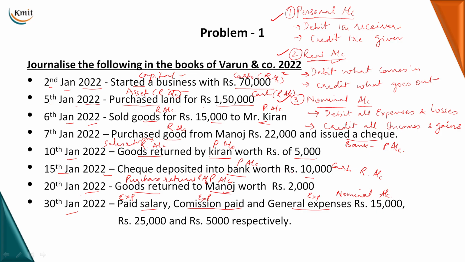So what is the rule for nominal account? Debit all expenditures and losses, credit all incomes and gains. So what are the expenses here? Salary is an expense, commission paid is an expense, general expense is there.